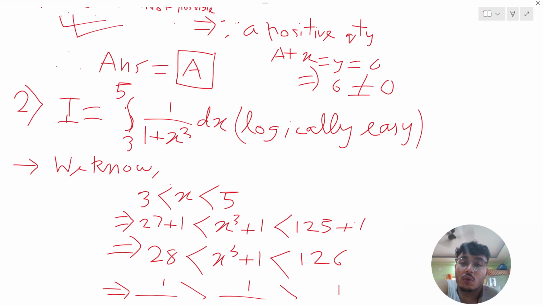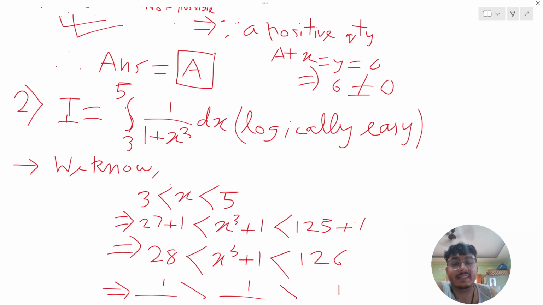Okay, so whenever we get this type of question, our main thing would be to check the limits of this function. So my x is lying between 3 and 5. If I cube the total inequality, I will get 27 is less than x cube is less than 125.